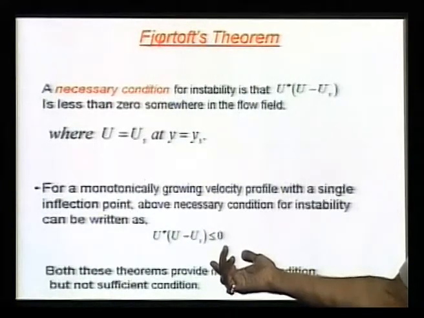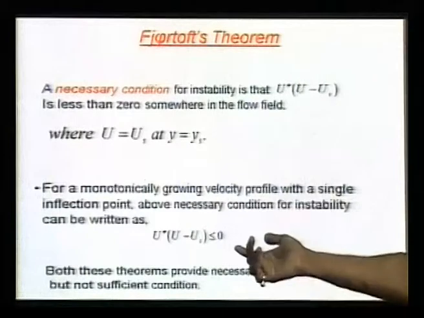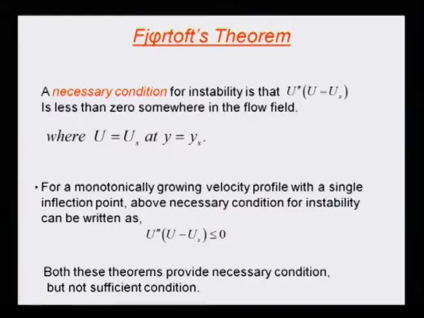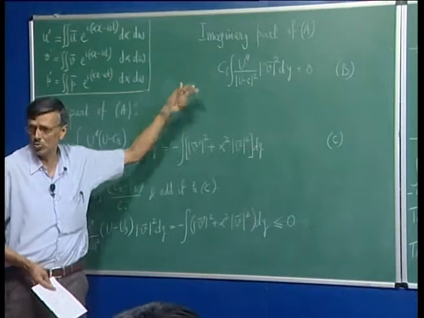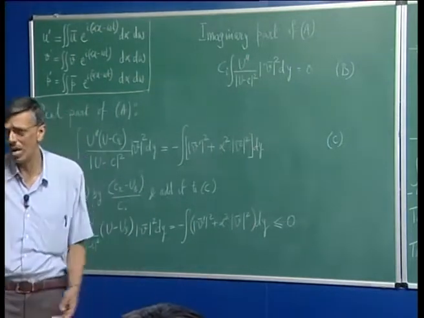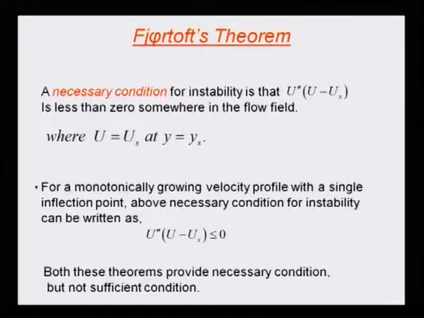Rayleigh's inflection point theorem is also a subset of it, because that equation has been used in arriving at this. Okay. So, that is what is known as the inflection point theorem of Rayleigh and its improvement by Feuertoft.